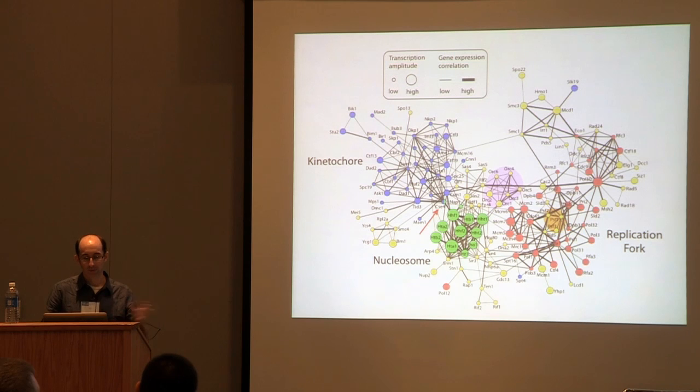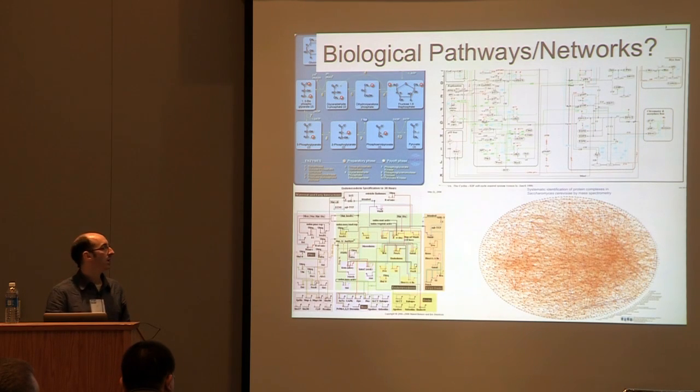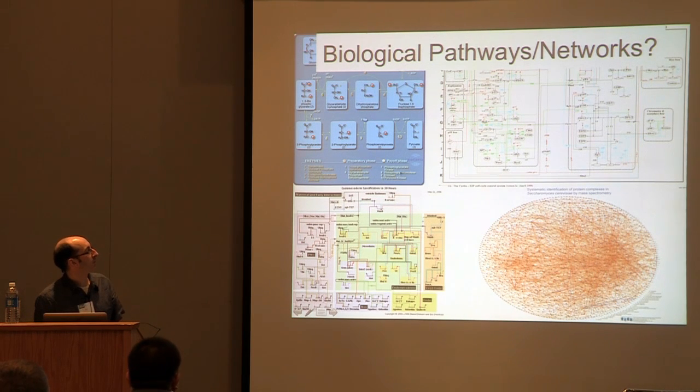A lot of what was presented today is modules of networks, but there was also some mention of pathways, KEGG pathways, and there's some relationship between biological pathways and networks. Networks are a more general type of idea, and pathways are a more specific type of relationship between proteins, for instance, that involve protein interactions, or regulatory pathways that involve transcription factors regulating other genes.